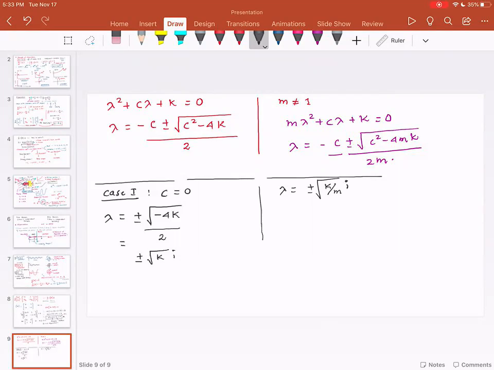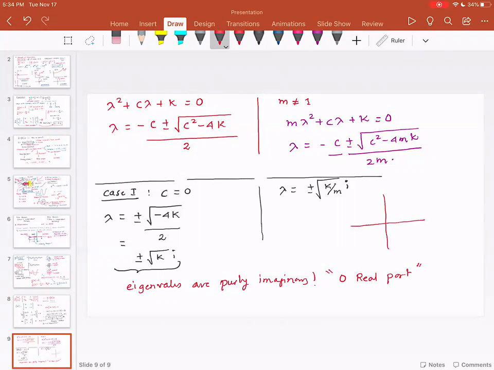So as you can see, the eigenvalues are purely imaginary. What that means, zero real part, which means the eigenvalues, please note, these are complex conjugates, are at these two locations.